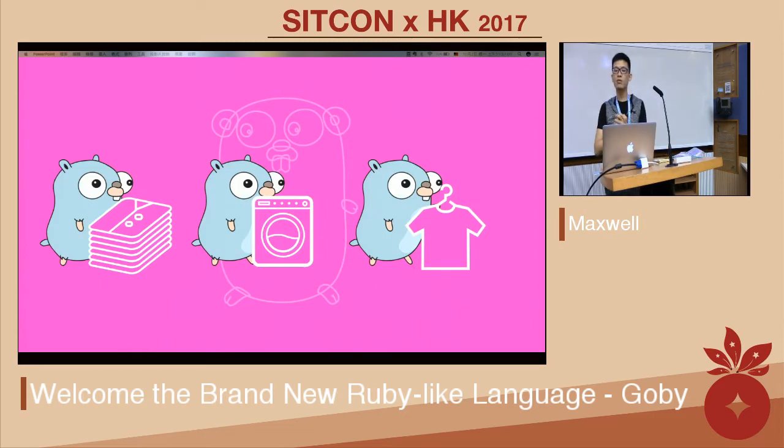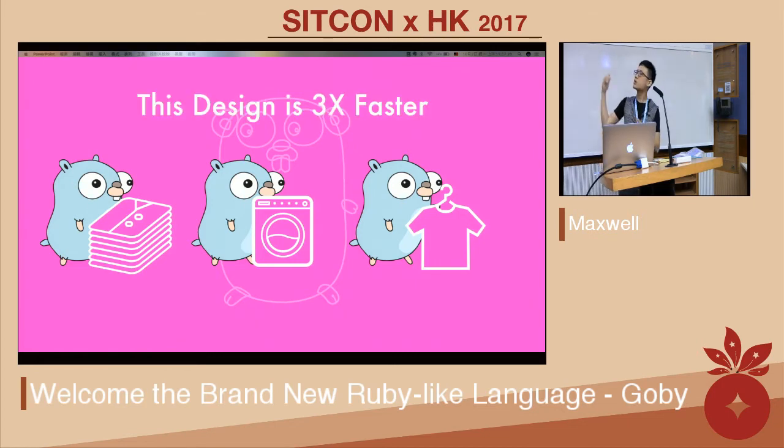This time, let's apply 3 gophers to different kinds of tasks. This design is 3 times faster than the previous example. The first gopher handles collecting the clothes, the second one does the laundry, then passes the clothes to the third one to dry them. So this is 3 times faster, with the same notion.